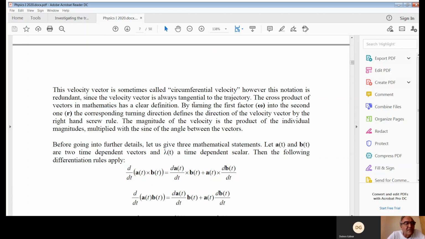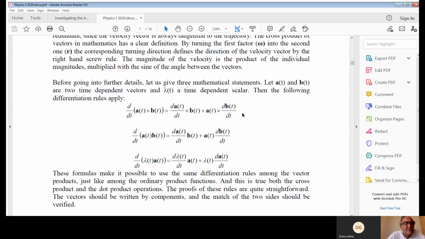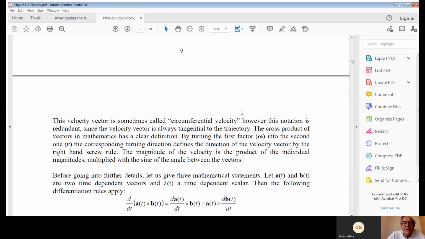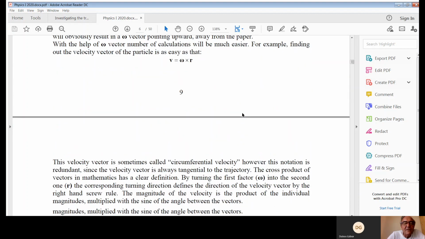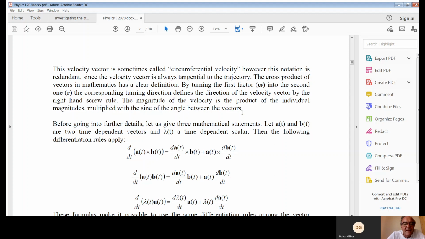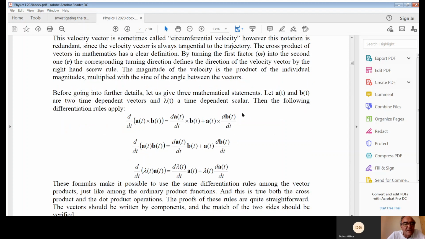The cross product of vectors in mathematics has a clear definition by turning the first vector, as I said, first into the second, and the direction defines the direction of the cross product. Now we want to use this vector product later, and we want to combine it with the differentiation by time mostly.